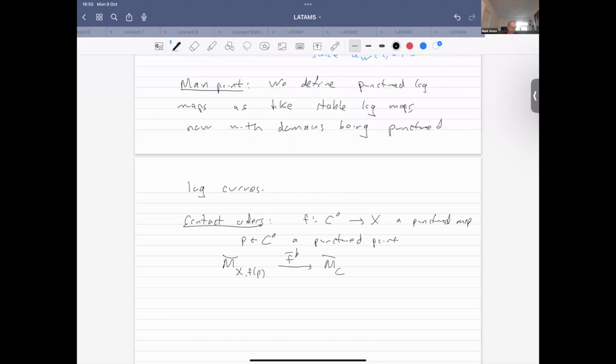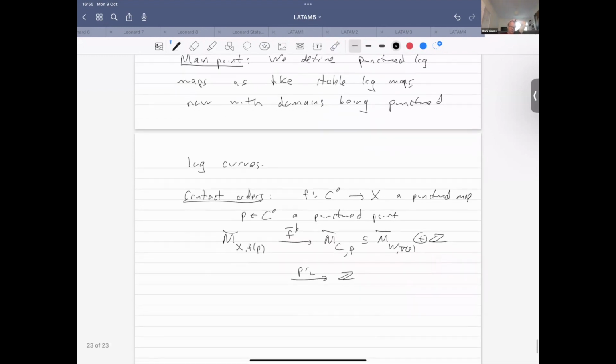We now get a map on the level of M-bar_C at p. And by construction, this is contained in M-bar_W at pi(p) plus Z. So recall before, this was just equal to M-bar_W at pi(p) plus N. And now it's contained in that, and we can project onto the second factor, and we get a map to Z. This is our contact order u_p, and this now allows negative values.